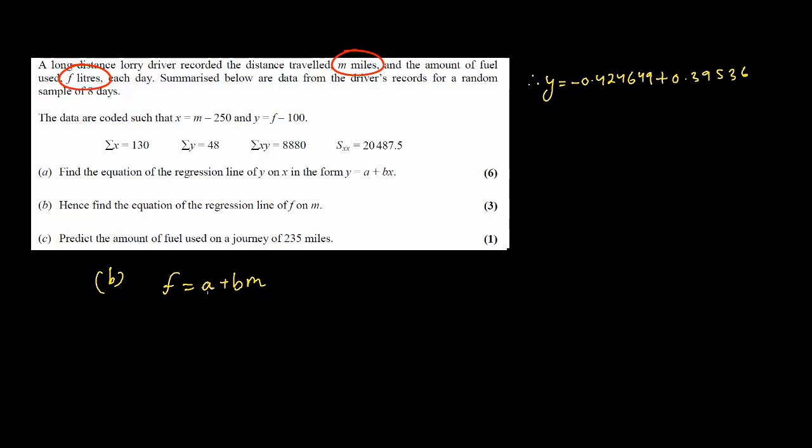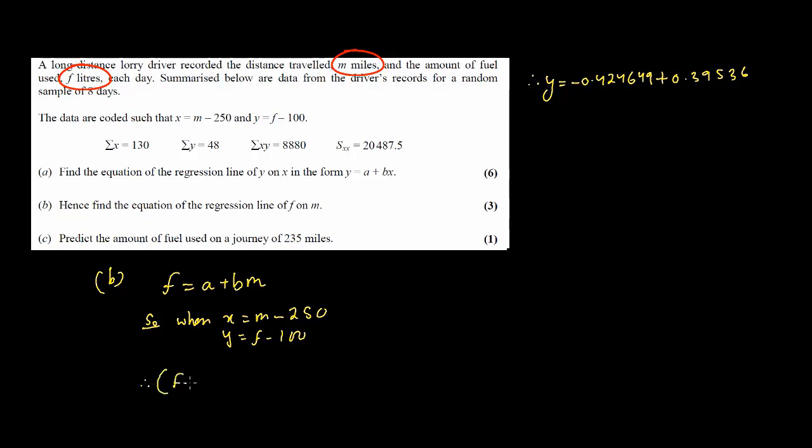That was the idea, but our equation is y equals, so when x equals m minus 250, it's mentioned here, instead of x it is m minus 250, and y equals f minus 100, we can put the value of them here like a substitution.